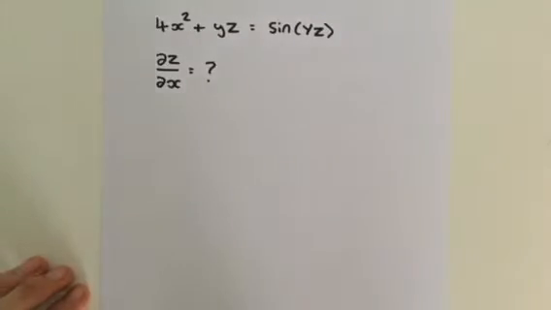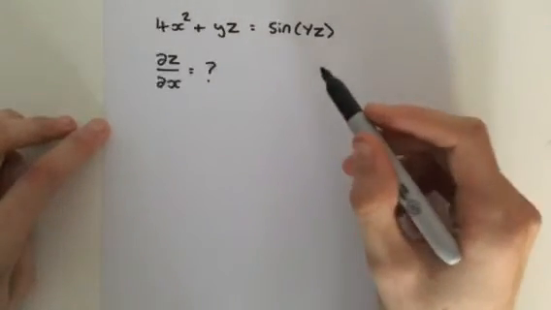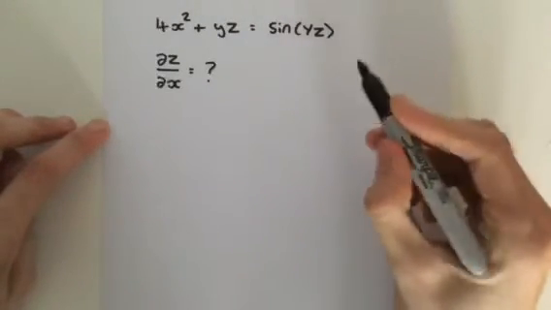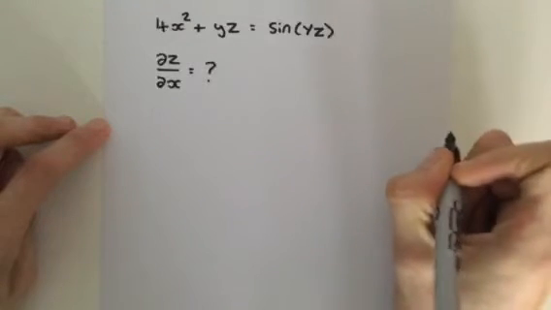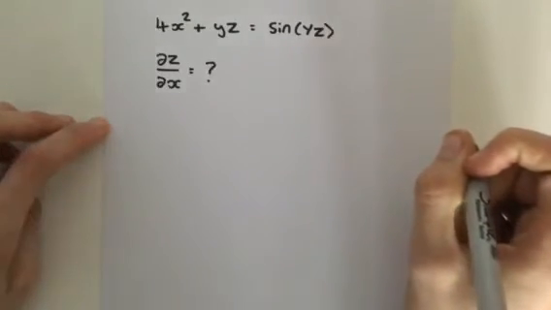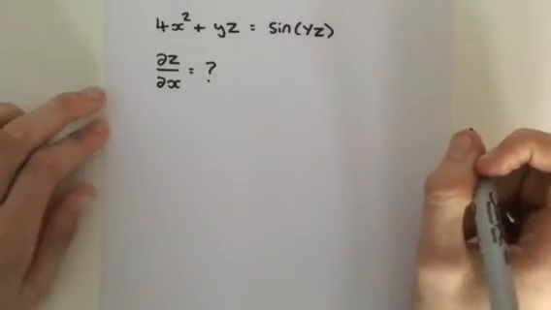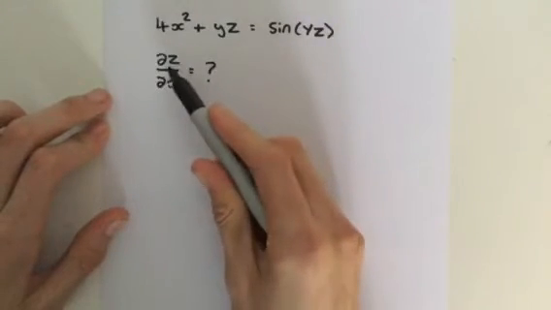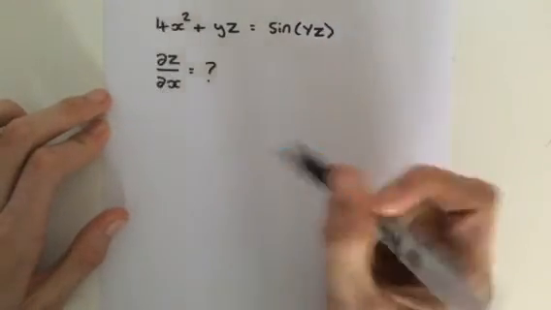So, our first function is 4x squared plus yz is equal to sine of y times z. So, first of all, we're going to use the implicit function theorem. So, we want to find the partial of z with respect to x.